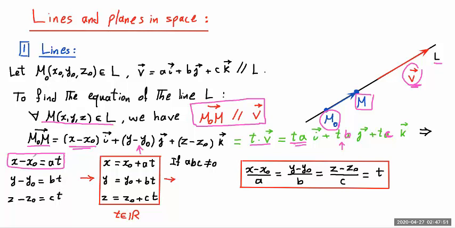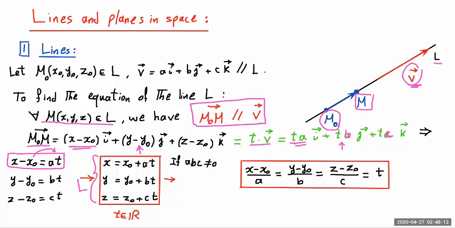So I can take x0 to the other side: x equals x0 plus ta, y equals y0 plus tb, z equals z0 plus tc. So these three equations are the equations of the line L, where t is any real number.